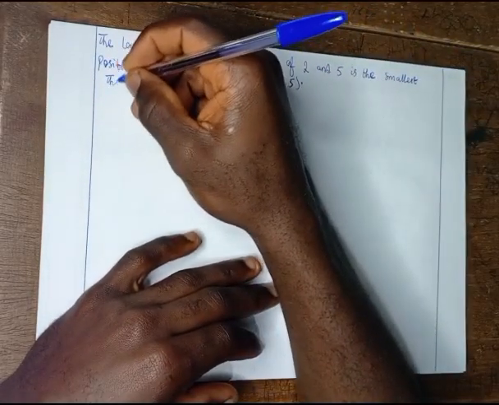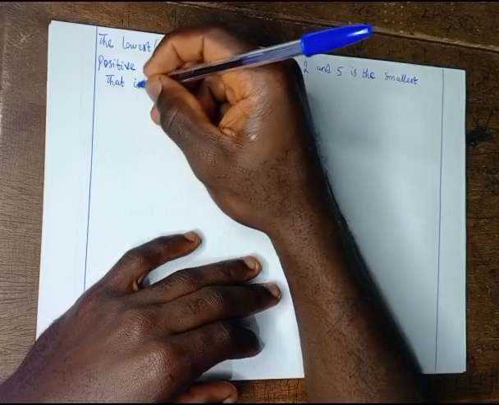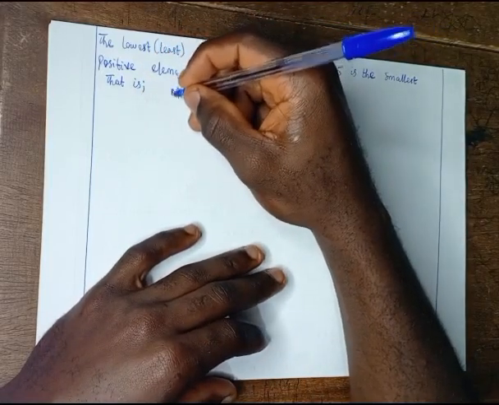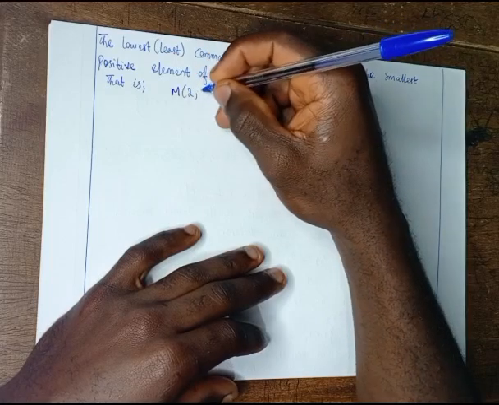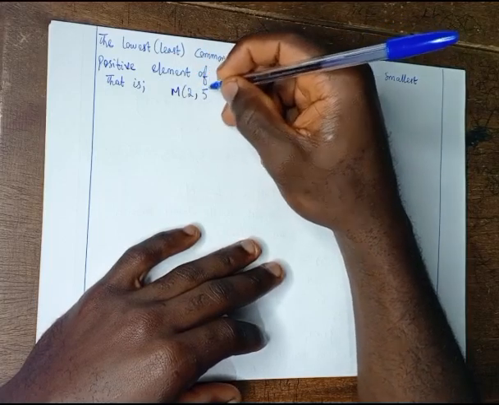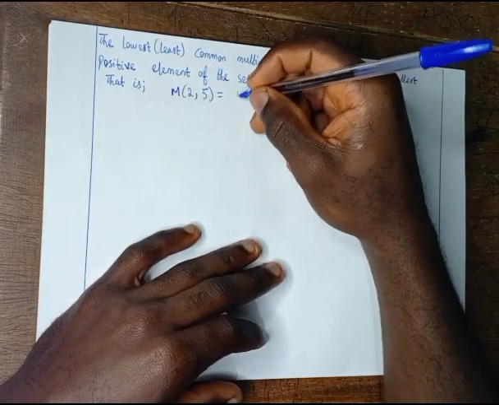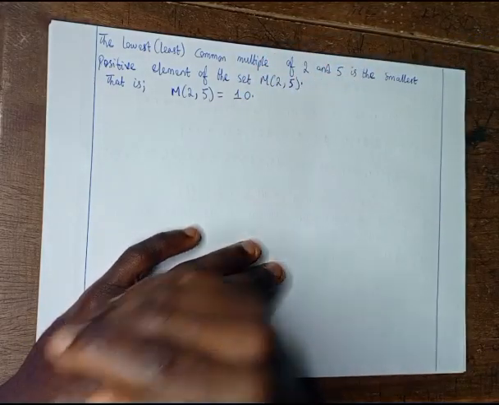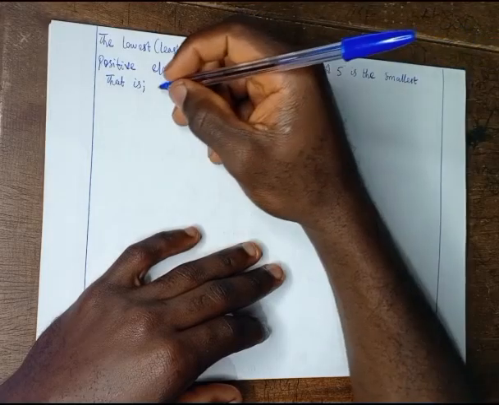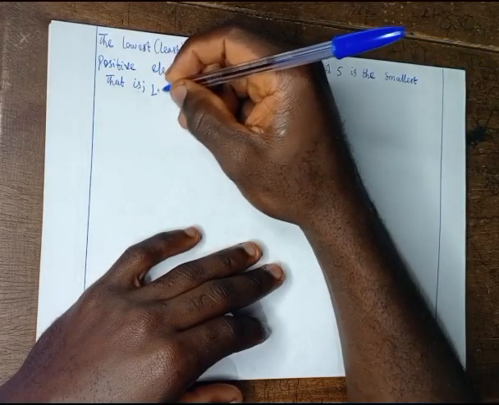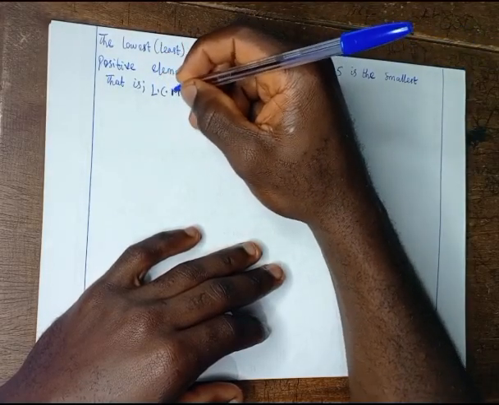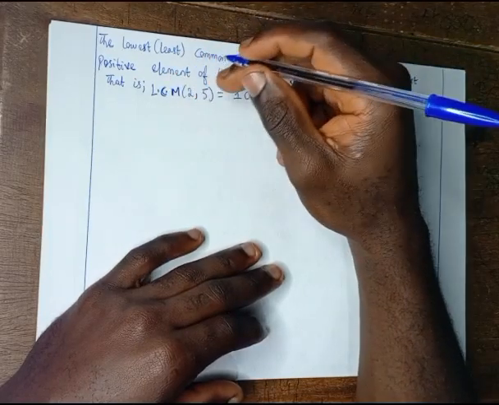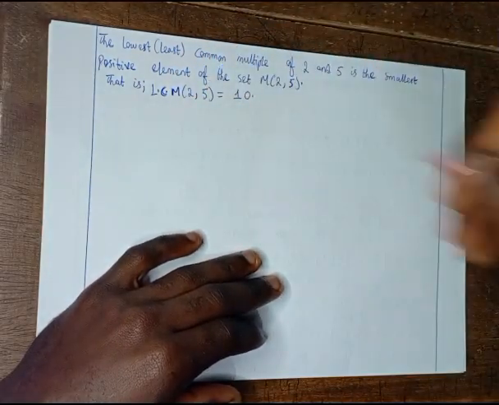That is, the smallest positive element of the set of common multiples of 2 and 5 is simply 10. That means 10 is the LCM of 2 and 5.